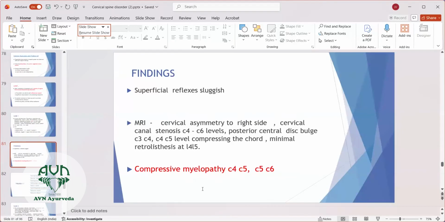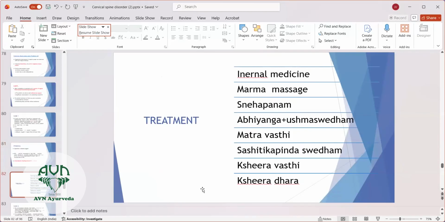MRI shows cervical asymmetry to the right side, cervical canal stenosis at the level of C4 to C6, posterior central disc bulge at C3, C4 and C4, C5 levels compressing the cord, and minimal retrolisthesis at the L4, L5 level. The diagnosis: compressive myelopathy at the C4, C5 and C5, C6 levels.